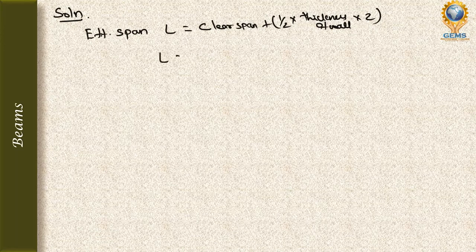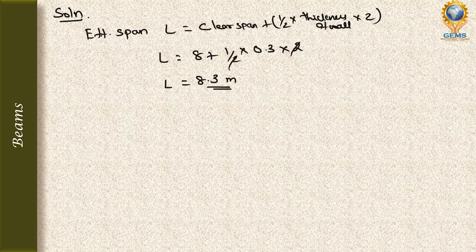So L is equal to clear span 8 meter plus half into thickness of the wall, 300 mm, so 0.3 meter, into 2 times. The 2 will cancel, so it comes as 8.3 meter. This is our effective span L.